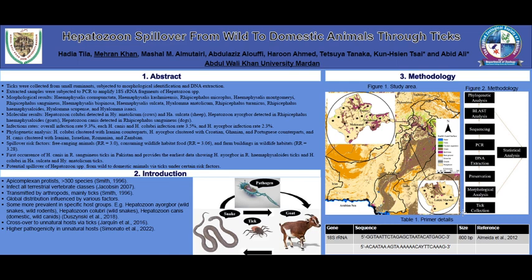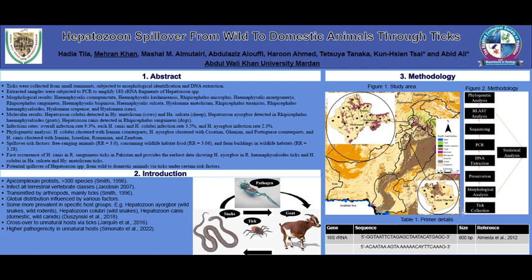When we received the sequencing results, we subjected them to BLAST analysis, and subsequently phylogenetic analysis was conducted for those sequences. Both the molecular and the morphological data were subjected to statistical analysis as well.